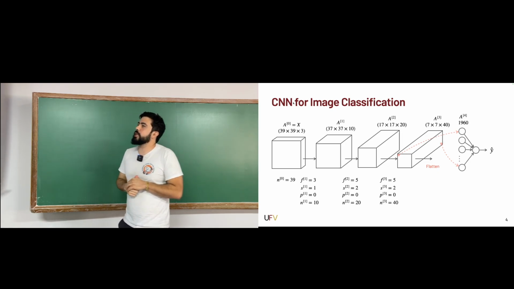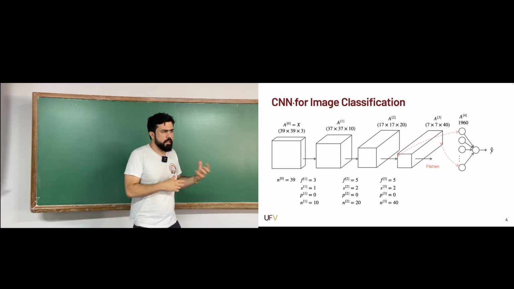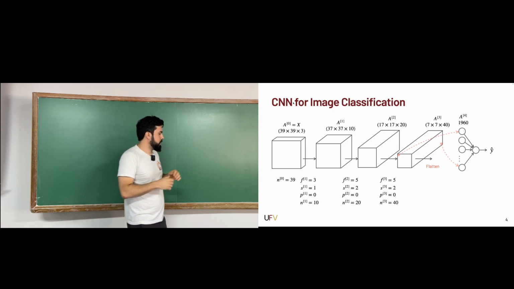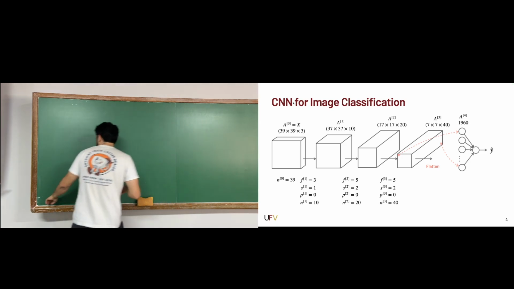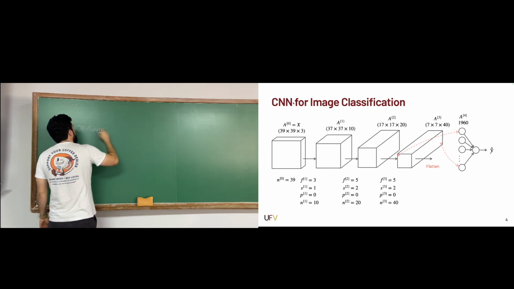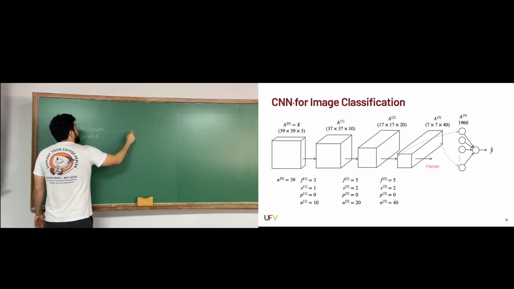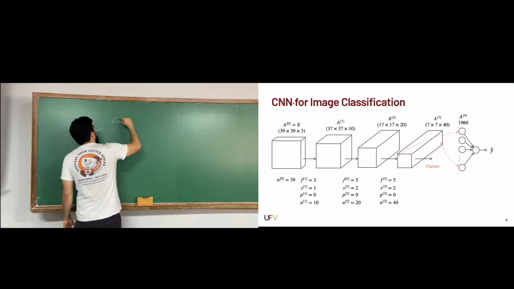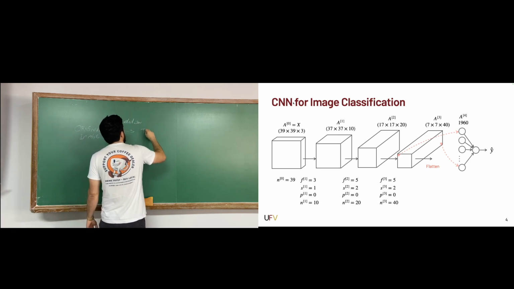And the result of that convolution is a volume. I think I didn't mention this last time, but I was using this nomenclature: original image, then convolution, then you'd have a transformed image.